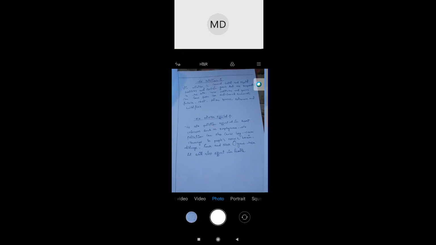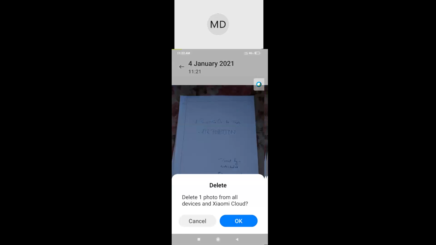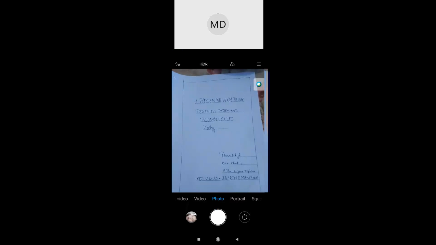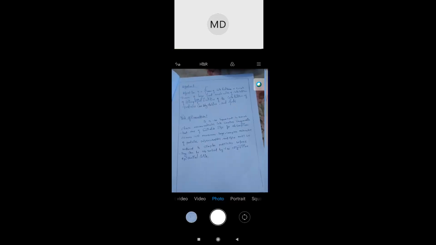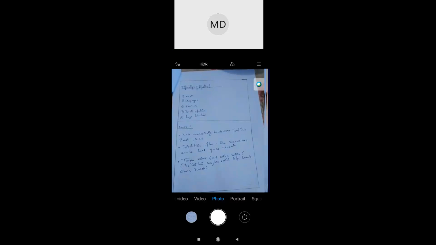I have not taken pollution. I asked you to prepare, even if you don't prepare a PPT, I asked you to take photos and share the photos, no? This is not how it's supposed to be.